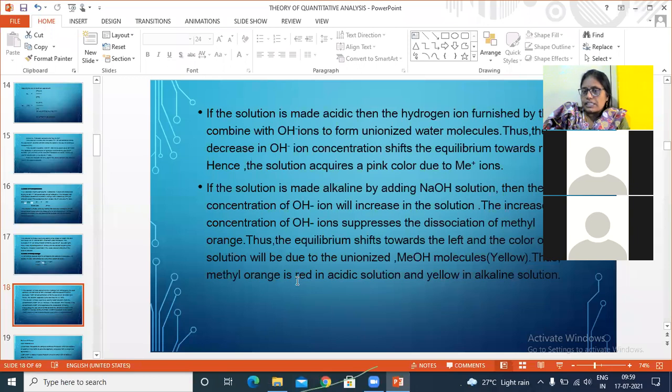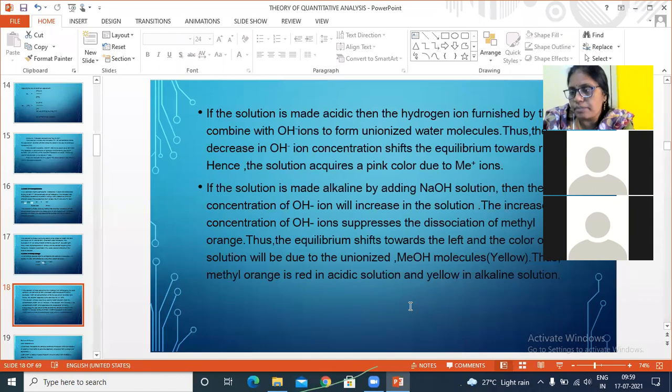Thus, methyl orange is red in acidic solution and yellow in alkaline solution. Actually, it's not exactly red, it's an orange red color. That is for methyl orange.